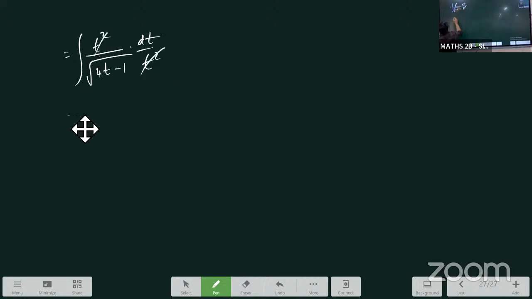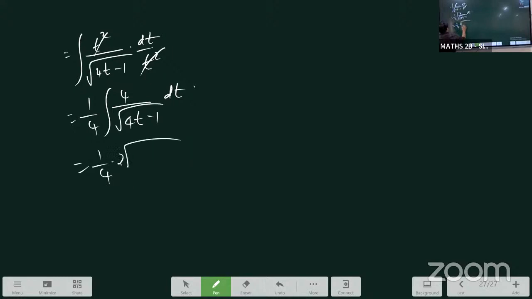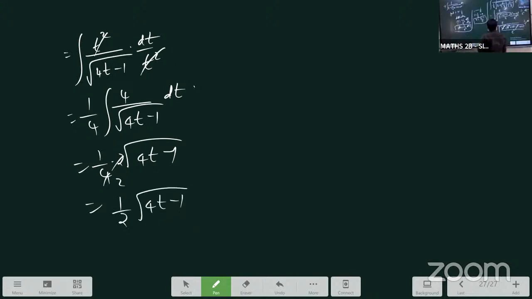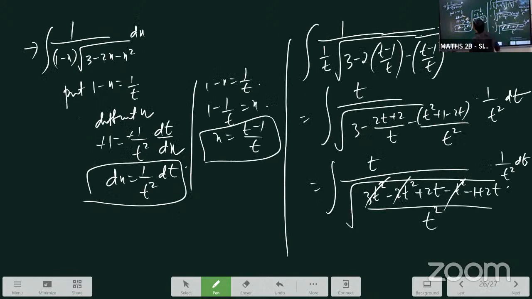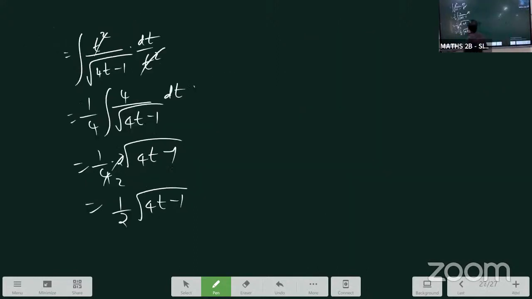Is it clear? So this t square by under root of 4t minus 1 dt by t square gets cancelled. Now multiply and divide with 4 again, 4t minus 1 dt, then 1 by 4, it is 2 root of 4t minus 1, that is 1 by 2 under root of 4t minus 1. But what is t I considered? 1 minus x is 1 by t, then t will be 1 by 1 minus x.